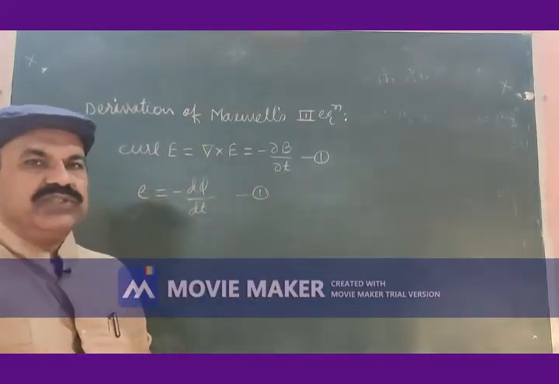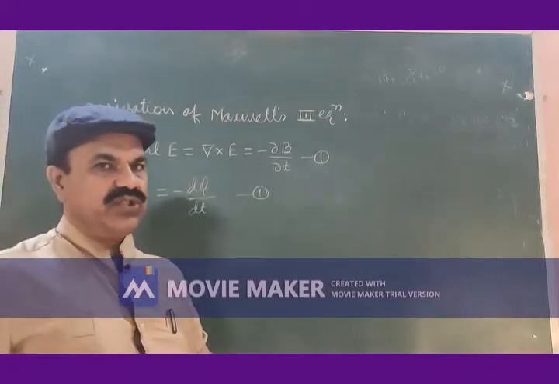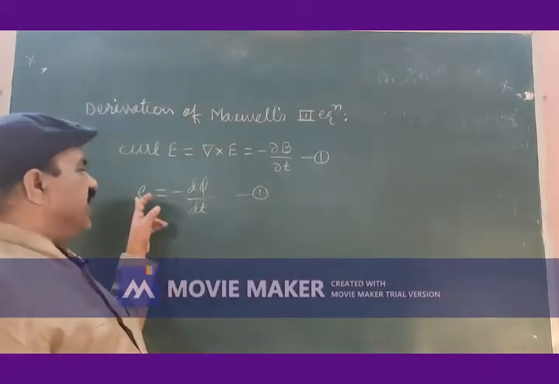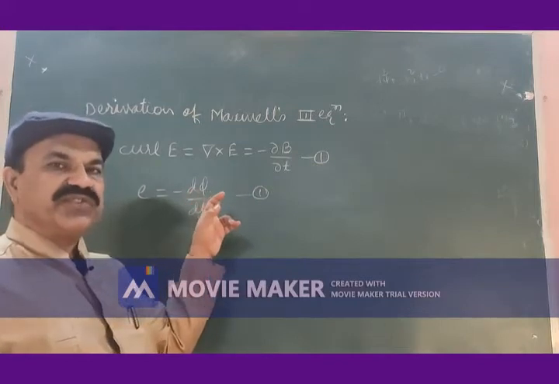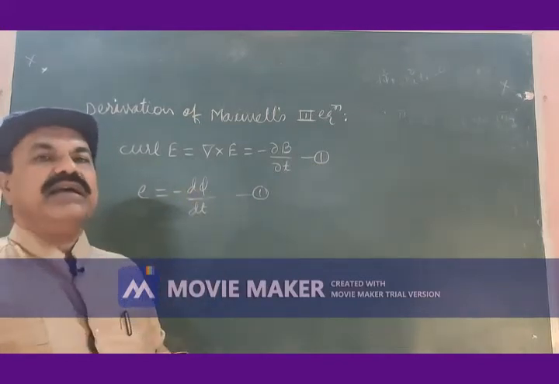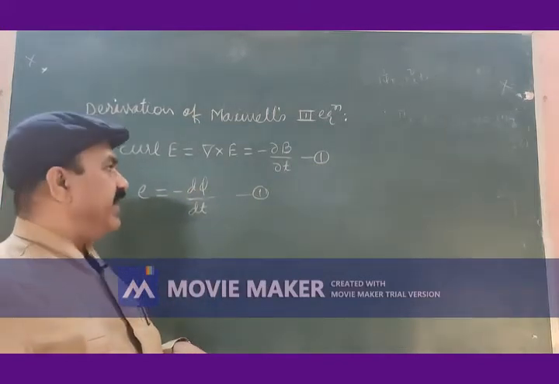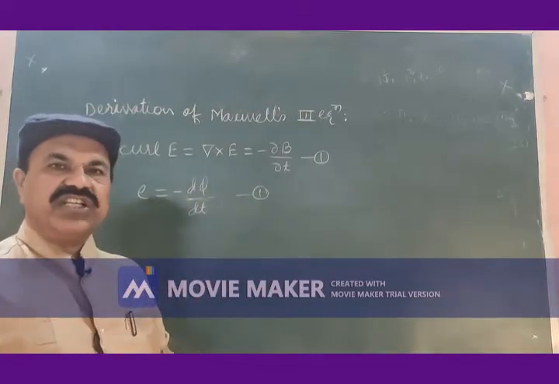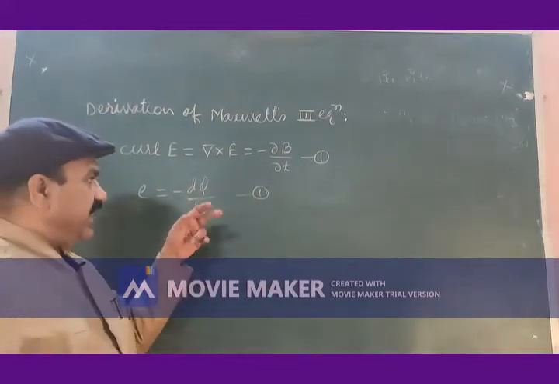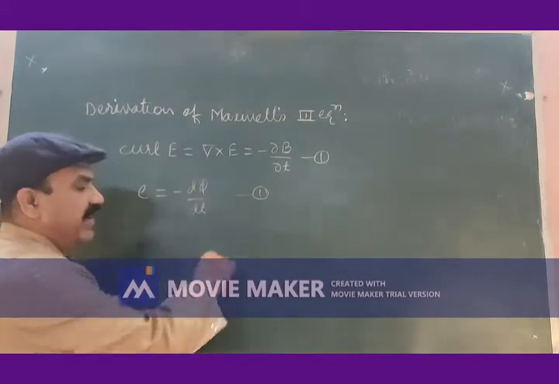According to Faraday's law of electromagnetic induction, the EMF E induced is given by minus d phi by dt, equation number 1. In this equation, what is this phi?